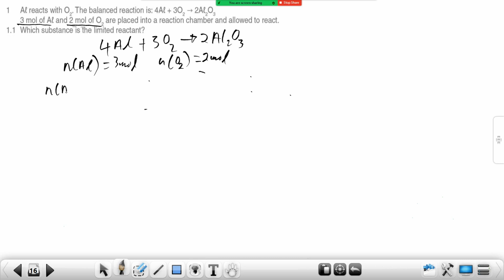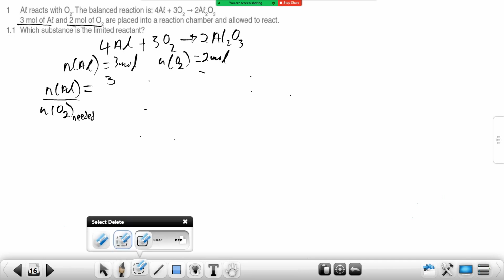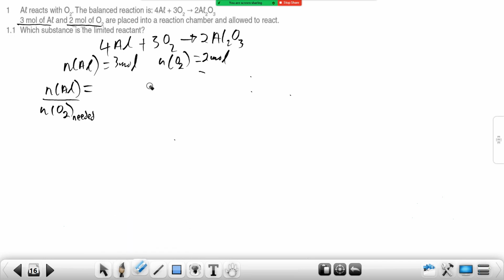If I work with aluminium over the number of moles of oxygen needed, then I know the molar ratio is 4 over 3.